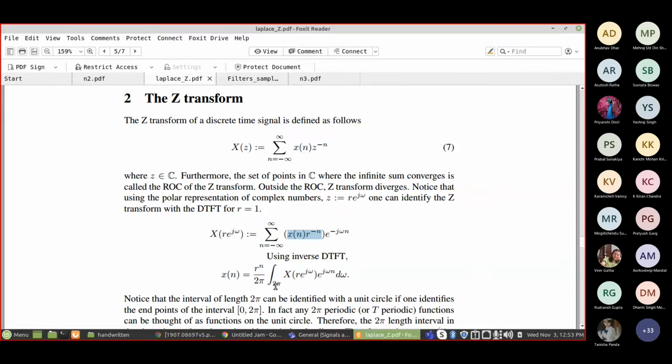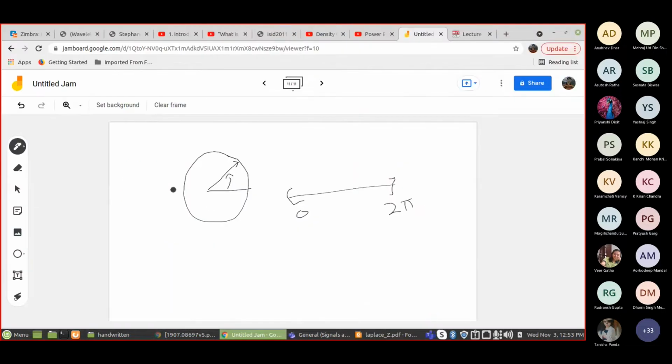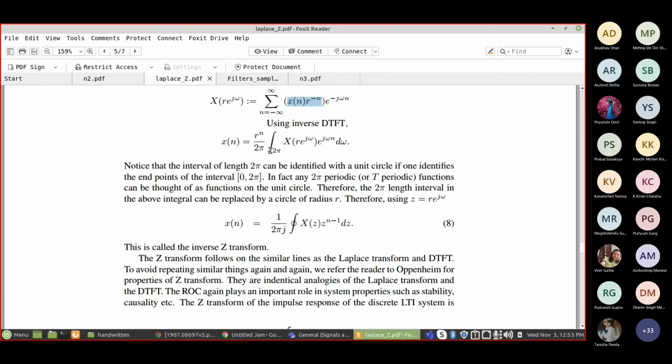So this 2 pi integral, we can write it as a closed loop integral. This circle is our closed loop. We are expressing this integral over this closed loop.